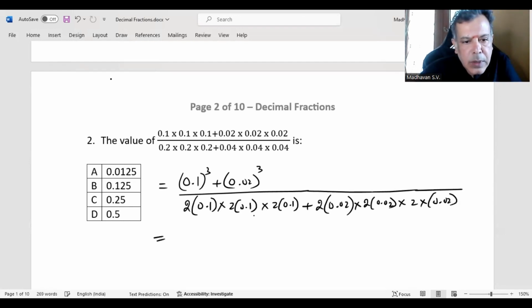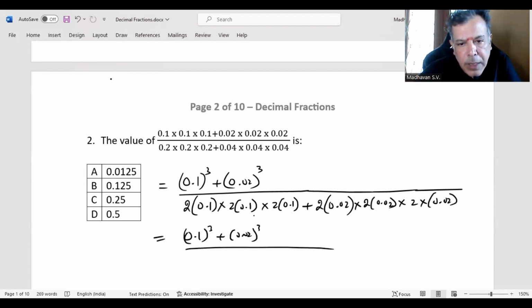Now the numerator remains as it is. In the denominator, 2 into 2 into 2, again here also 2 into 2 into 2. That means 2 cube is common. So 2 cube times 0.1 cube plus 0.02 cube.